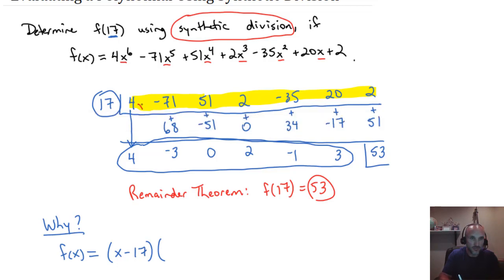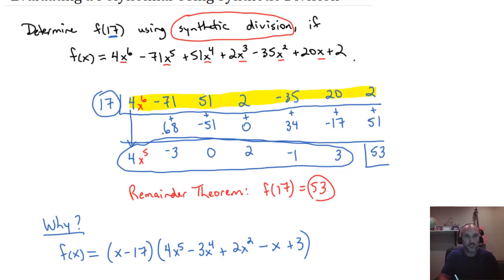And remember, we started with 4x to the 6th, so the first term here is x to the 5th. So our quotient is 4x to the 5th minus 3x to the 4th plus 0x cubed, so I'm not going to write that, plus 2x squared minus 1x plus 3. That's our quotient.